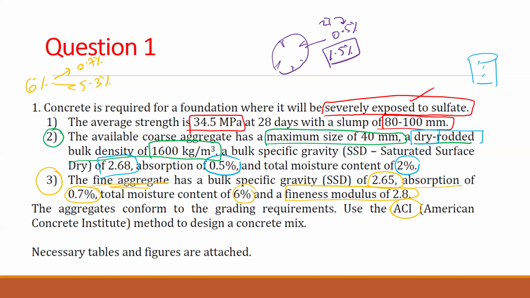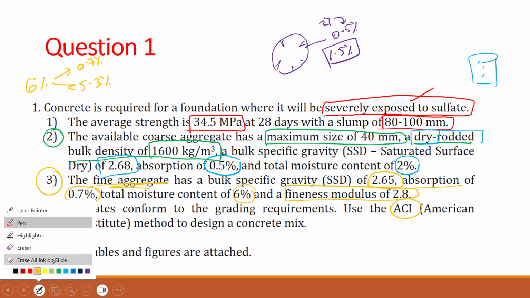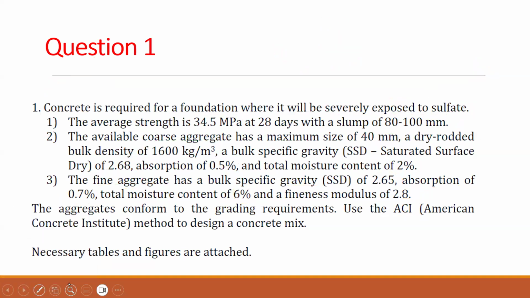They are asking us to use the ACI method. You only learned that; you haven't learned the British method, but if you want to, you can search and find those methods as well. The British method is from the UK and the rapid method is from India. Now we are going to use this information to do the concrete mix design.